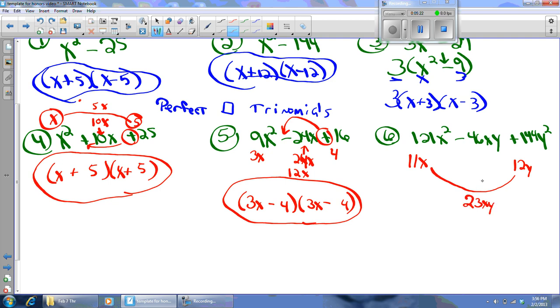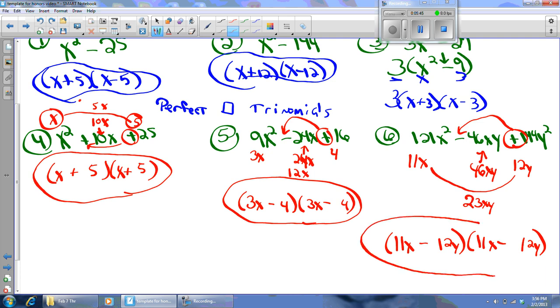Going to double 132, what am I going to get? 264xy. It matches. This factors 11x, 12y, 11x, 12y, plus in the back, the Wendy's double stack. And there you go.